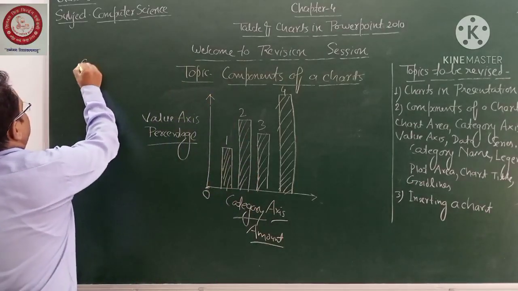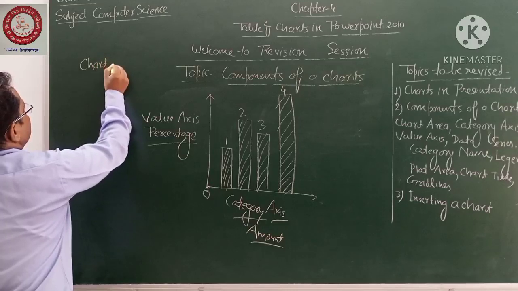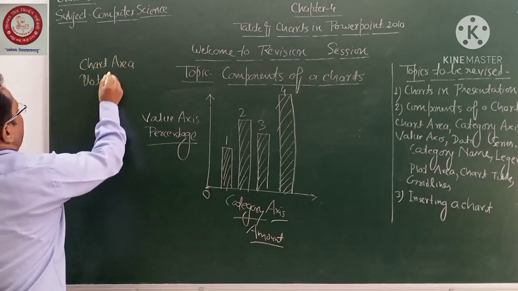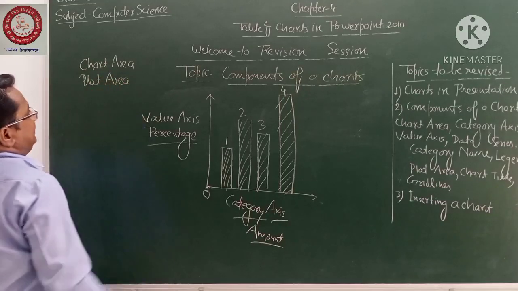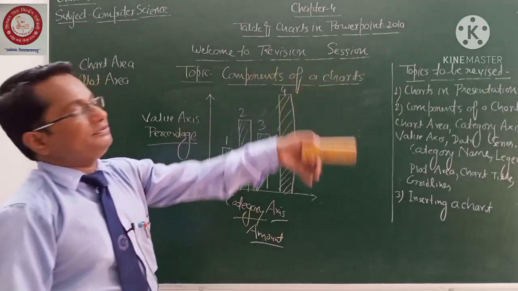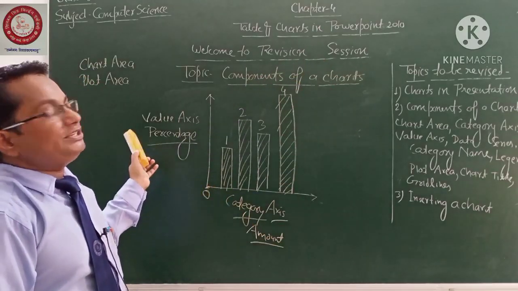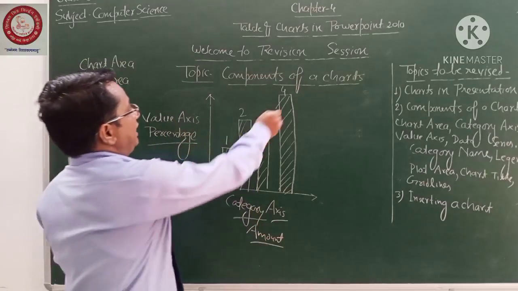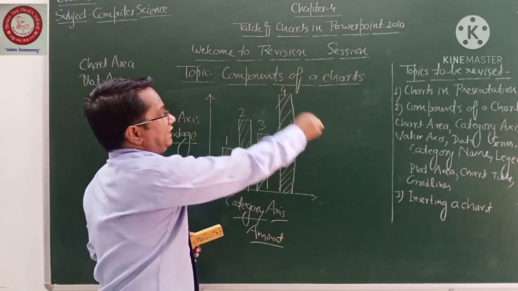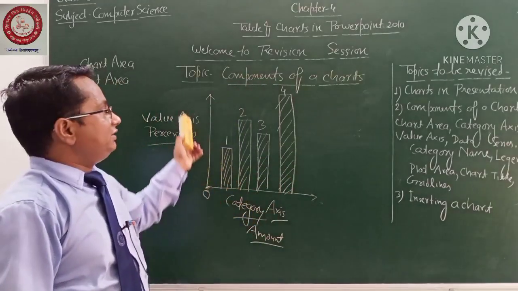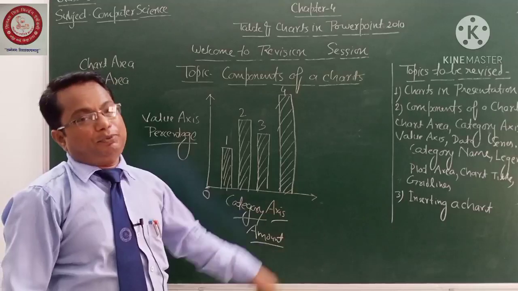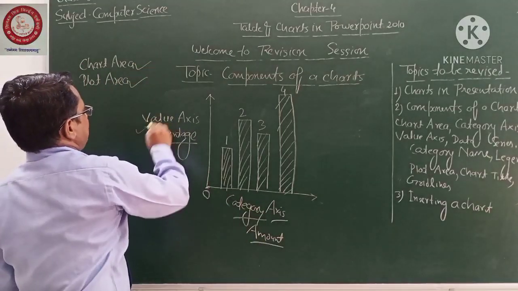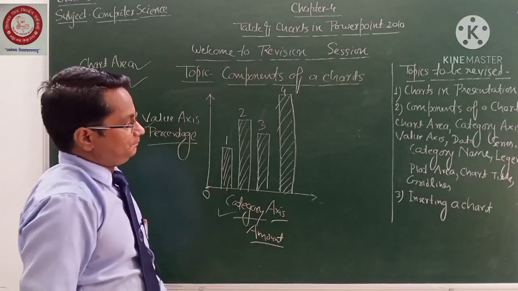One is the chart area, and the second one is the plot area. Like if this blackboard is the chart area, where I'm drawing the graph, right now I have used only this space. That's why this particular space is known as the plot area. Chart area, plot area, value axis, category axis.